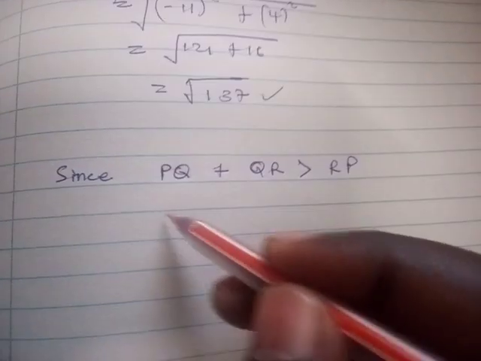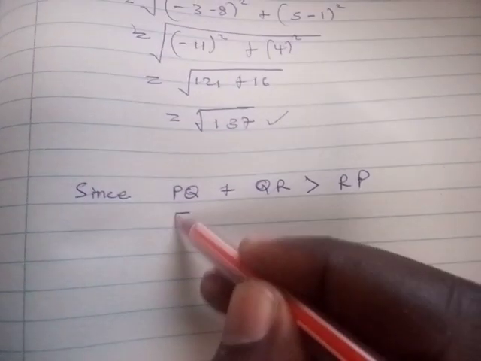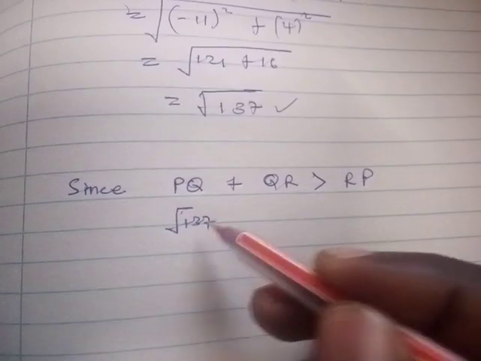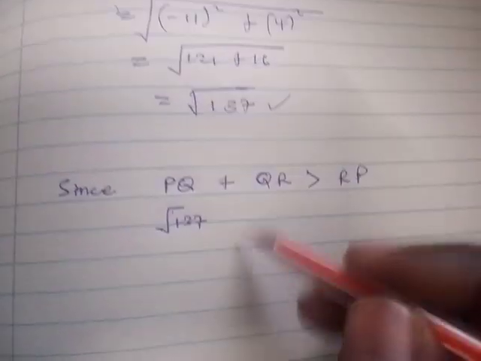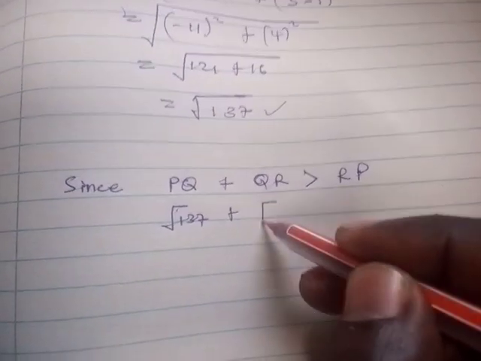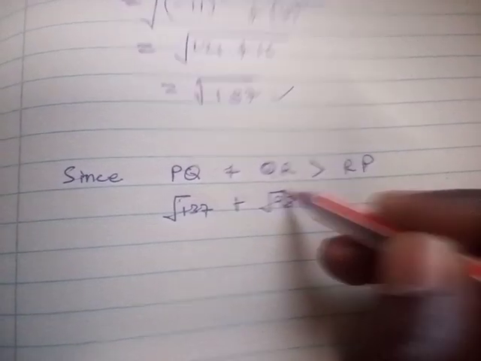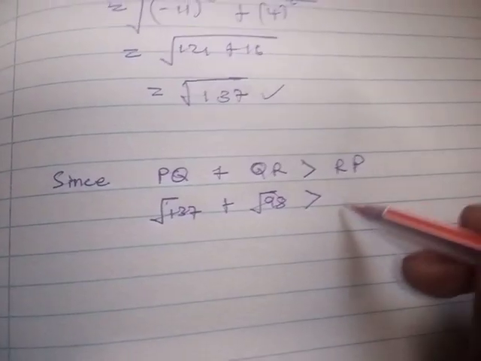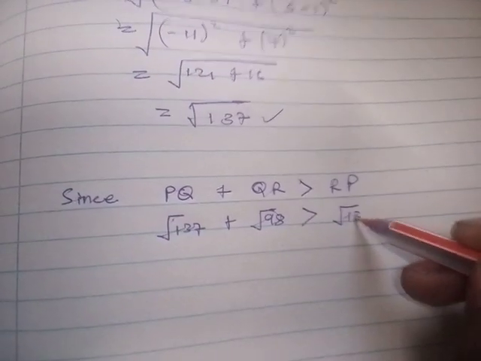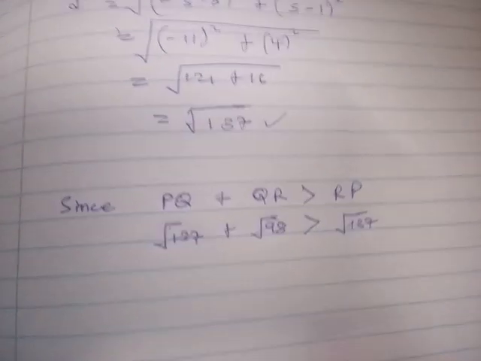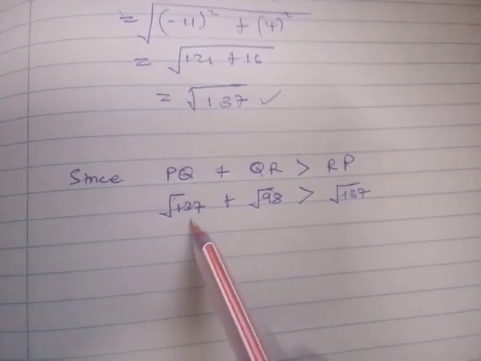It is true because we got P2 as root of 137, then plus the root of 98. It should be greater than RP, which is root of 137, and it's true because we already have 137 here.